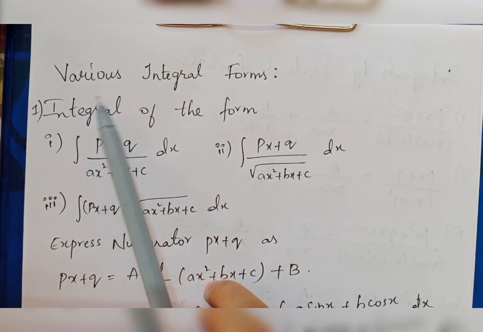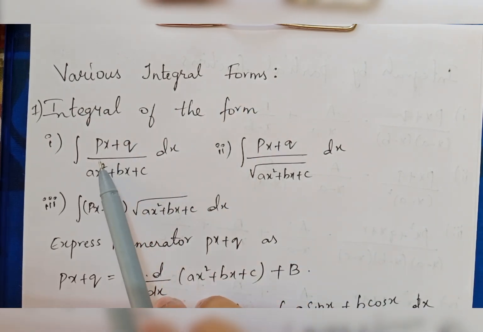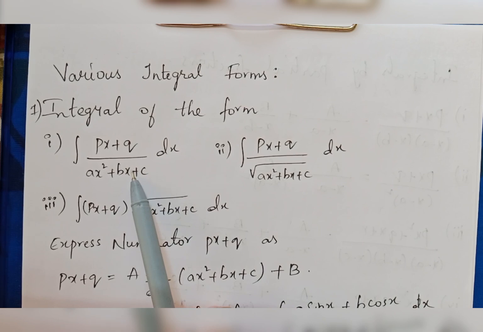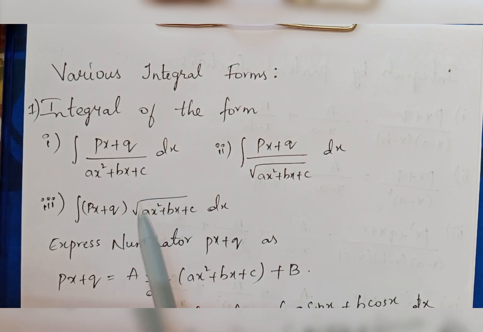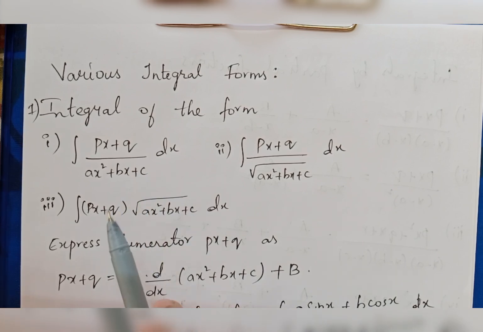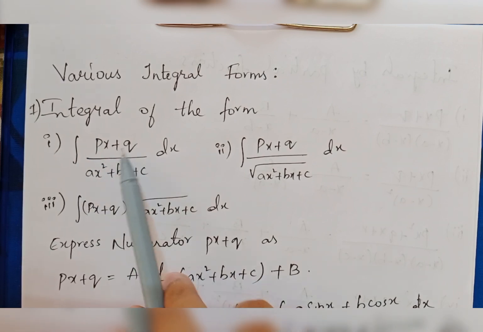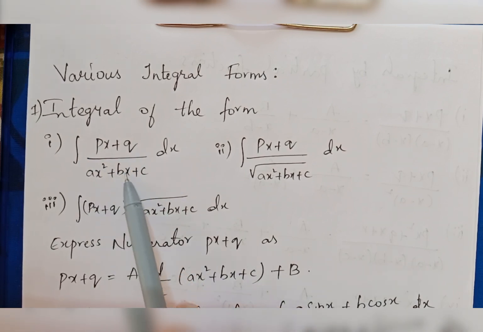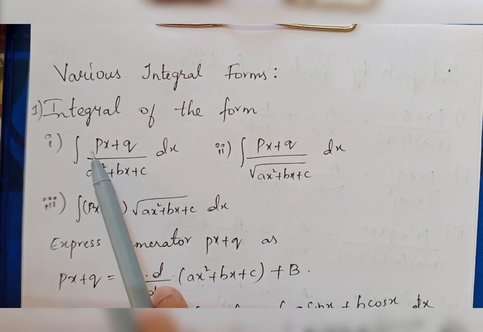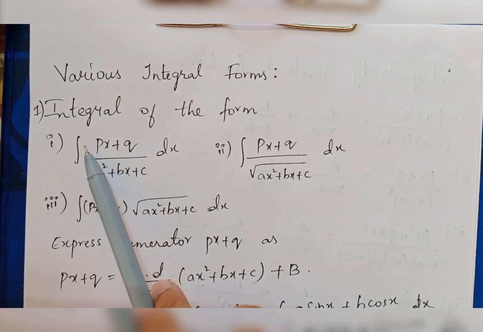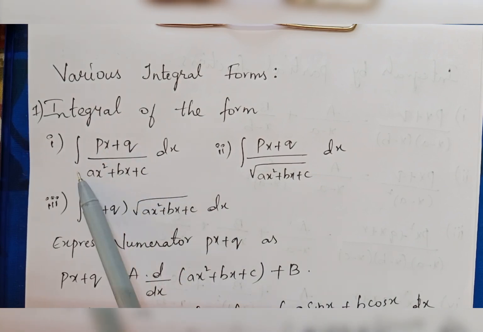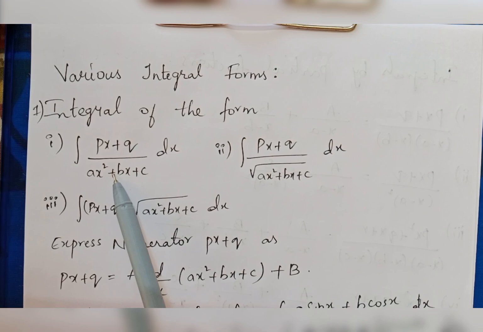Next is various integral forms. Here we have the integral in various forms, and for each specific form we have a formula. You have to remember it. So the first one is integral of (px plus q) by (ax square plus bx plus c) dx. Here in the numerator there will be a linear equation, and in the denominator a quadratic equation.